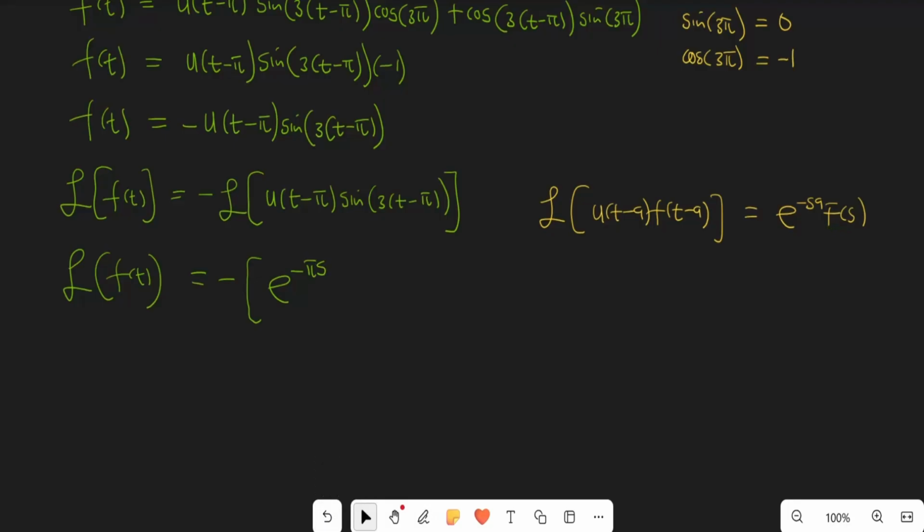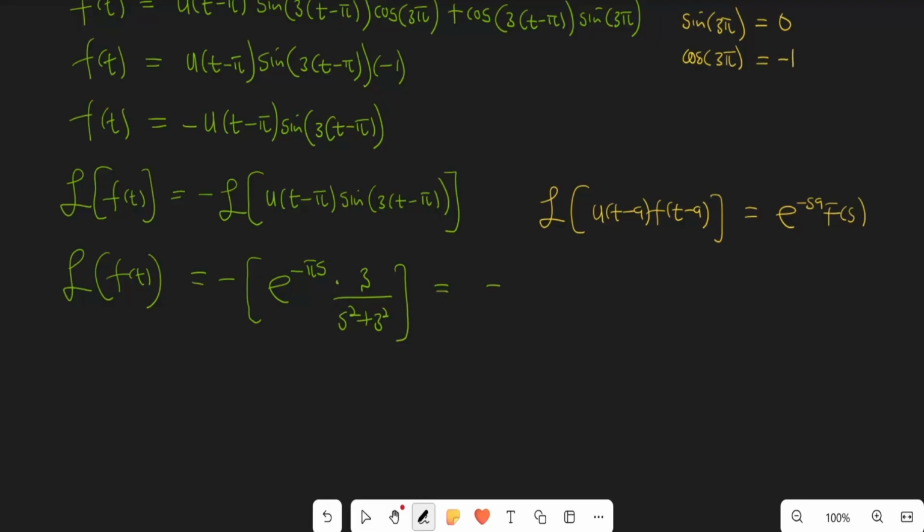So what is the unshifted function in this case? The shifted function is sine of 3 times (t minus pi). The unshifted function is going to be sine of 3t. So how do you take the Laplace transform of sine of 3t? That is going to be 3 divided by s squared plus 3 squared.